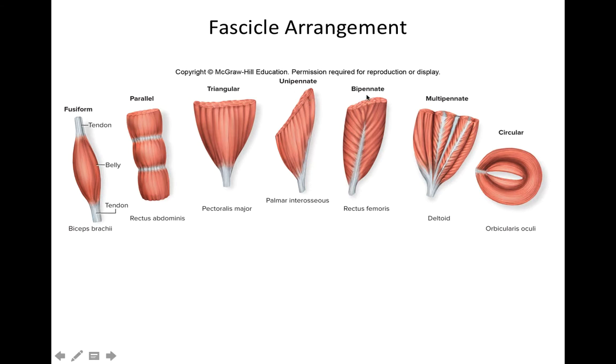Unipennate, bipennate, and multipennate are all kind of related. Here you have a piece of connective tissue that runs up into the muscle, and then you're going to have fibers coming off of that all the way up the length of the connective tissue.